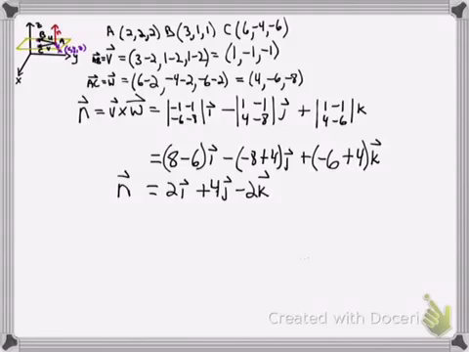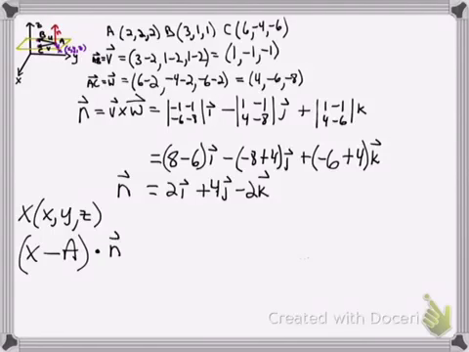Okay, and so what we need is this point X, which is just x, y, z. That's, again, where our variables come from. We're going to take the vector X minus A, and find the dot product of that with N. So first we have to do all the X minus A's.